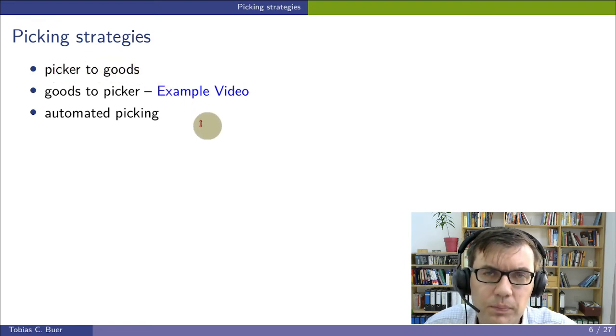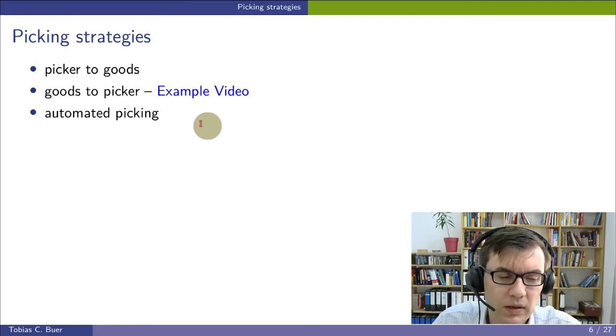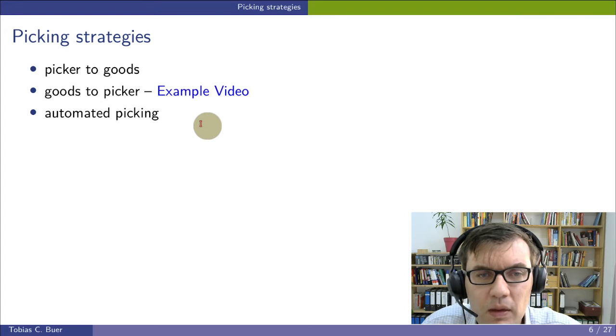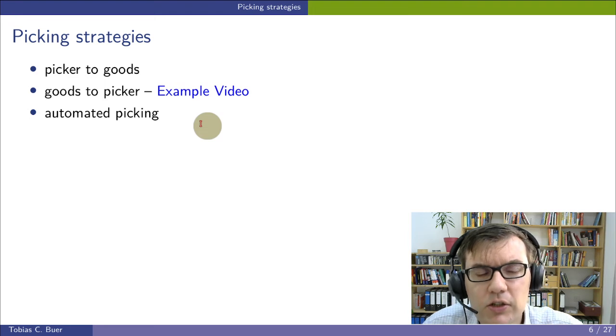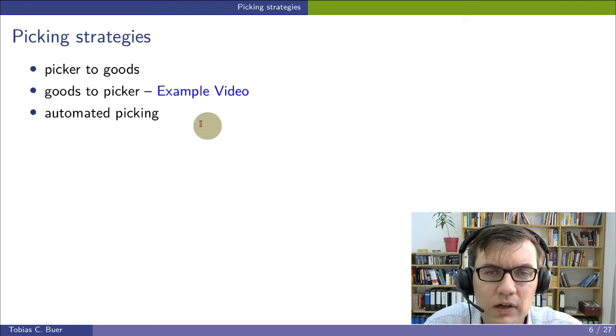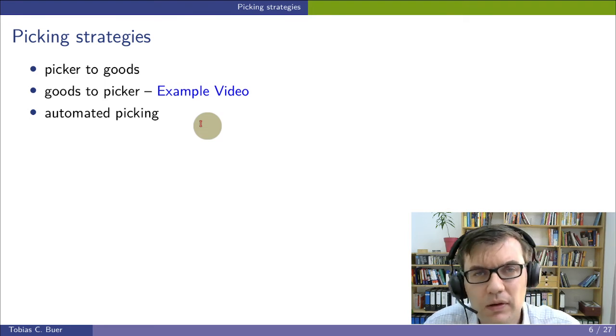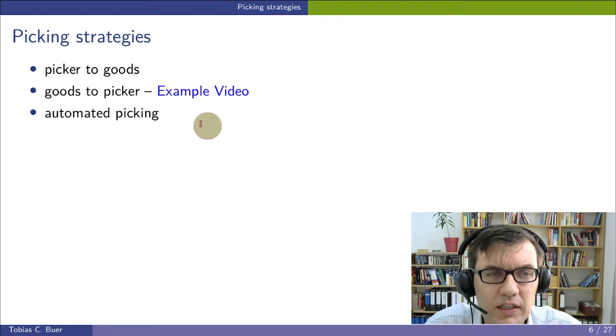And of course, from previous sessions, you already know that the whole order picking process covers more than 50% of the operational cost of a warehouse. Therefore, it makes sense to have a clear strategy how to do your order picking and to look into ways to make it more cost efficient.